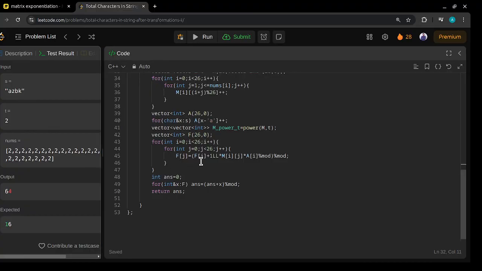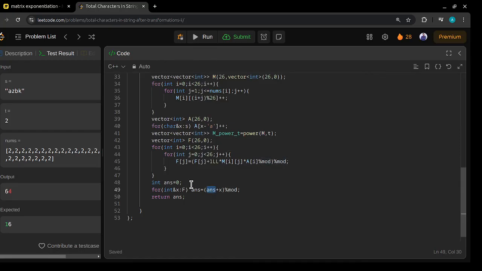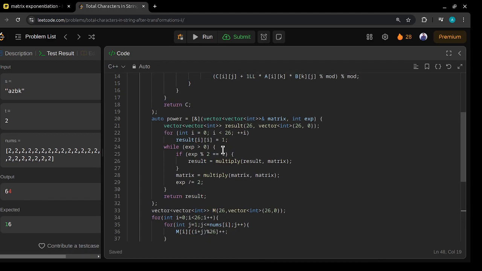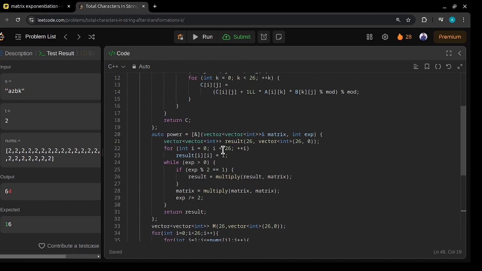So what is wrong here? A of j will be the modulus of A of i mod t. So for every character, let us see what is wrong with this code.